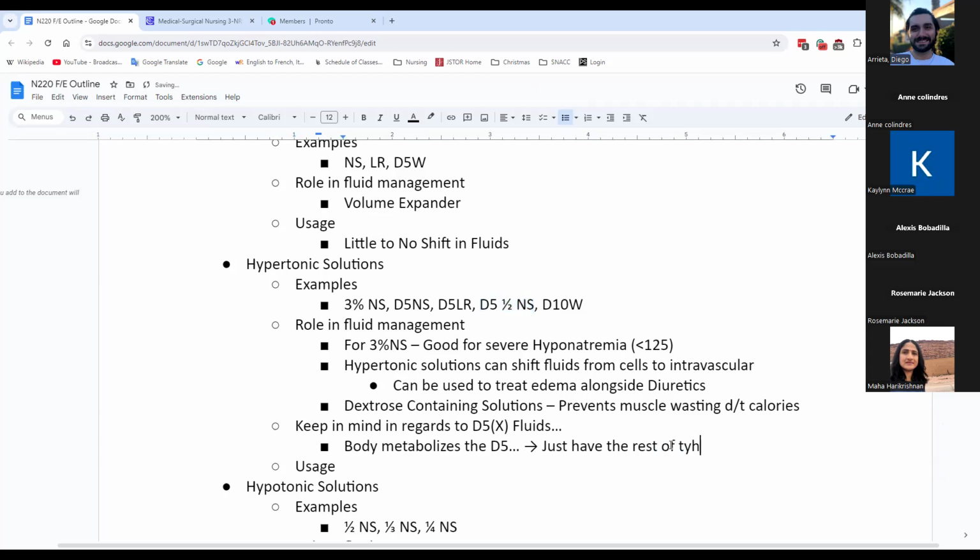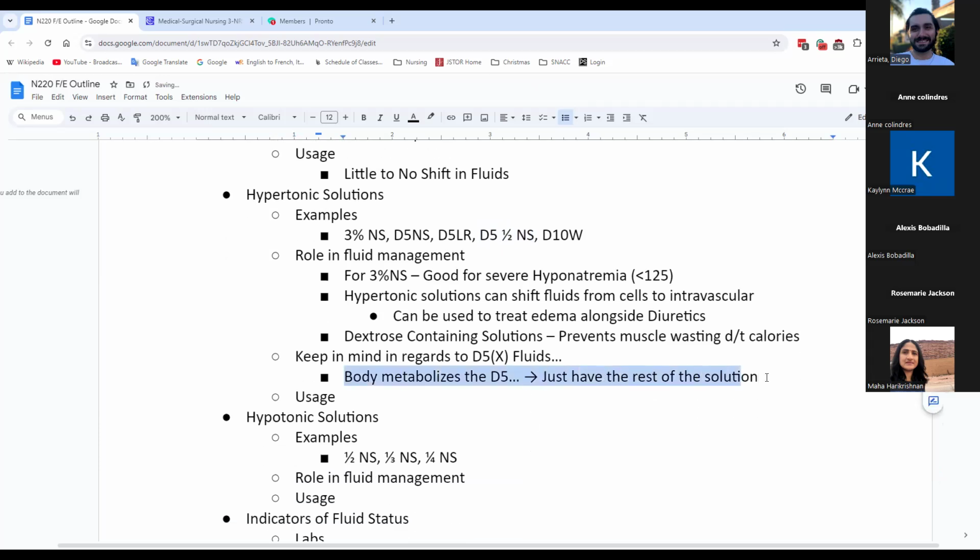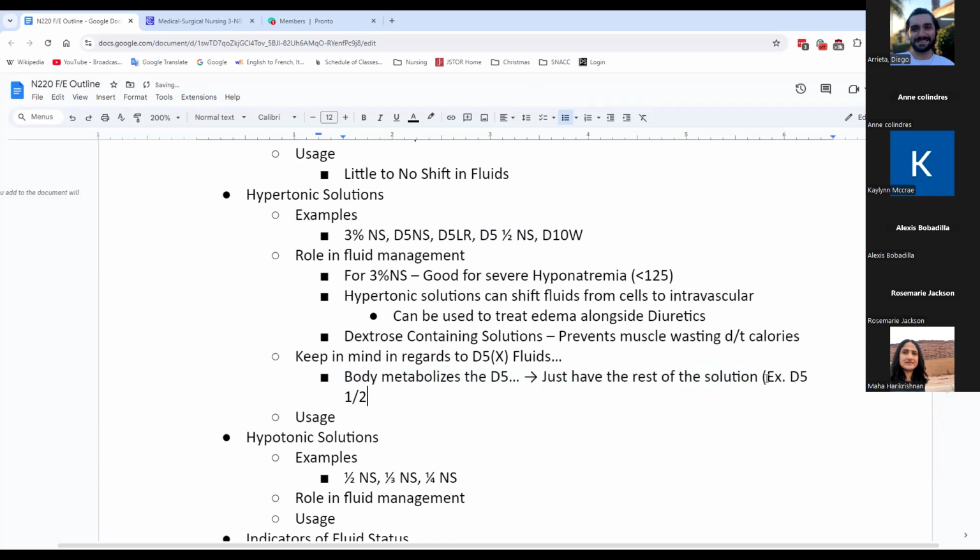I don't know if this makes sense. If you were to read this without the context, does this make sense? If you were studying 2 weeks from now, so D5 half an S becomes half an S. Cool.